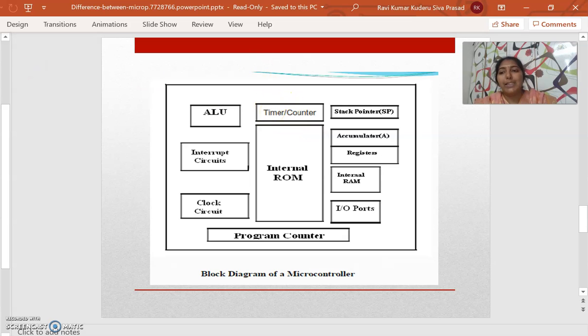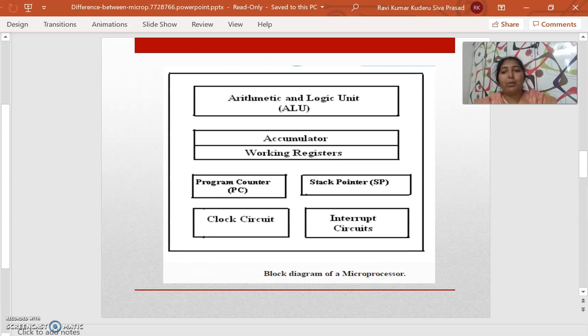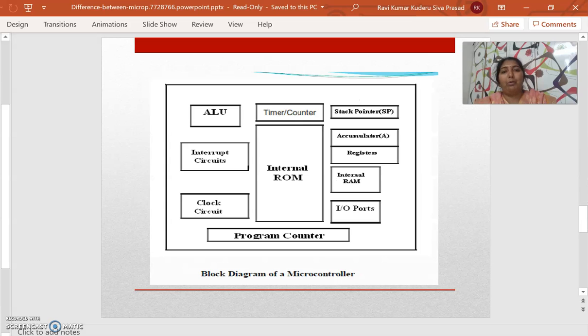Right. So just observe the difference between the microprocessor and microcontrollers. Whatever components are there in the microprocessor are all present in the microcontroller, but along with that, it also contains internal random access memory, internal ROM, IO ports and timers or counters.